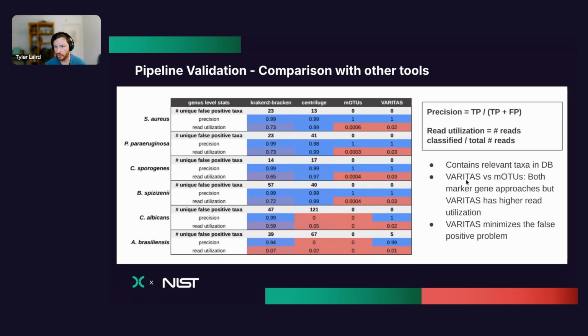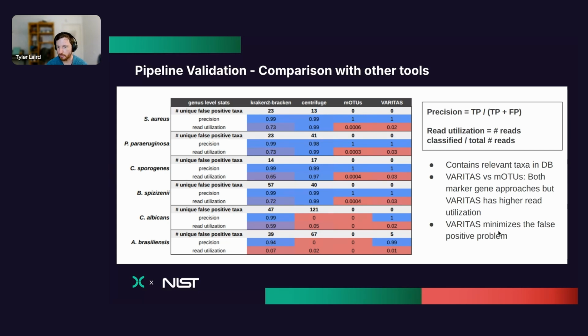Another thing to note is that the VARITAS pipeline, like MOTUs, is a marker gene approach, but VARITAS has a much higher read utilization compared to MOTUs, and that's because VARITAS is using 81 bacterial or 61 fungal core genes compared to MOTUs, which uses a lower amount.